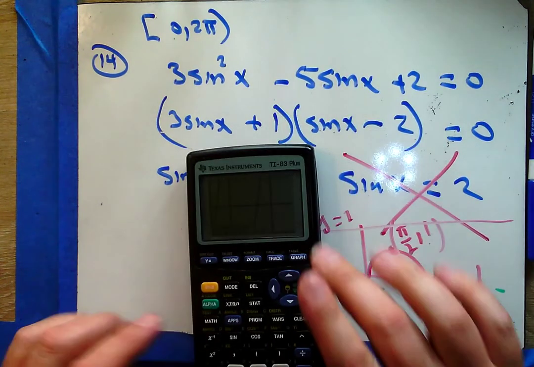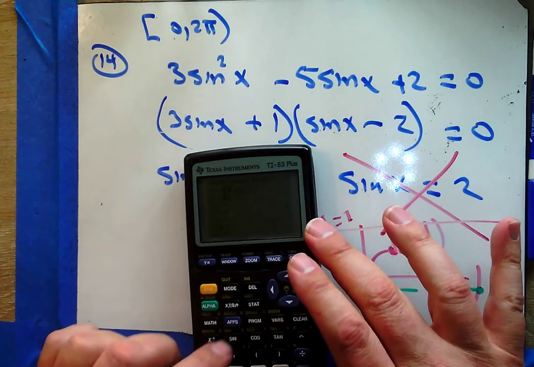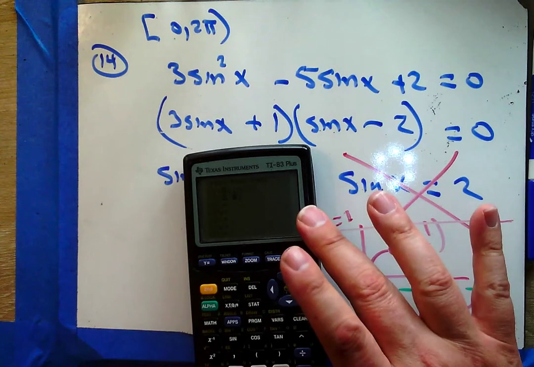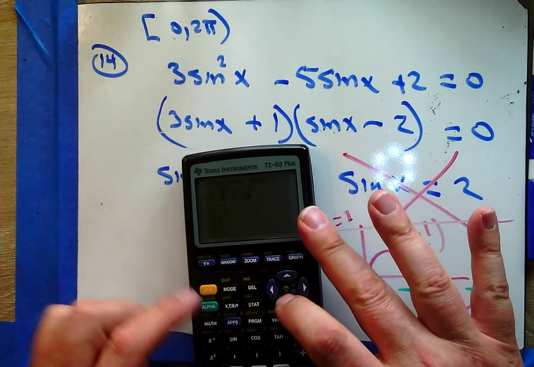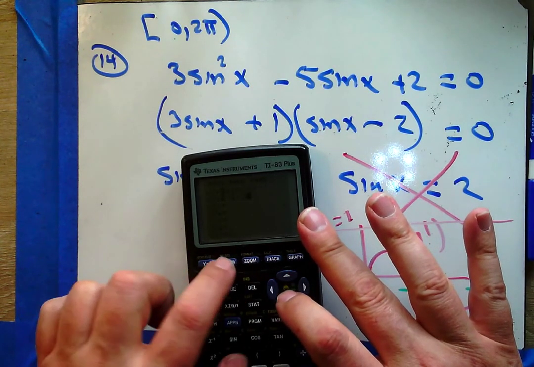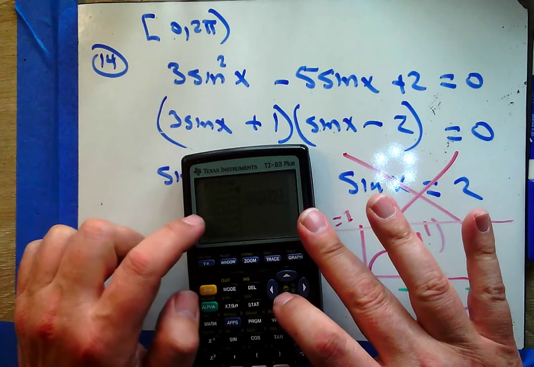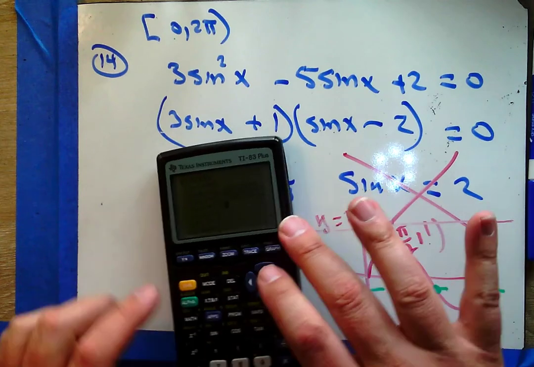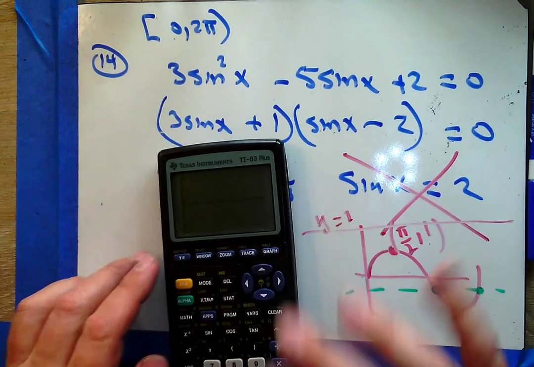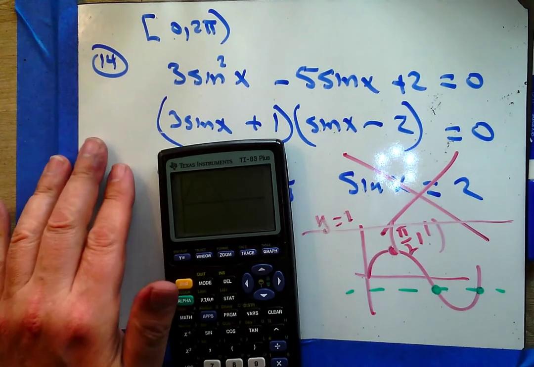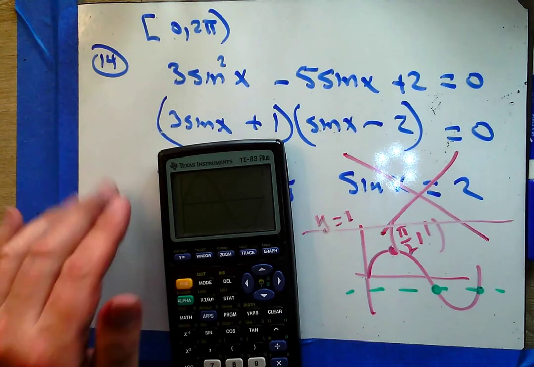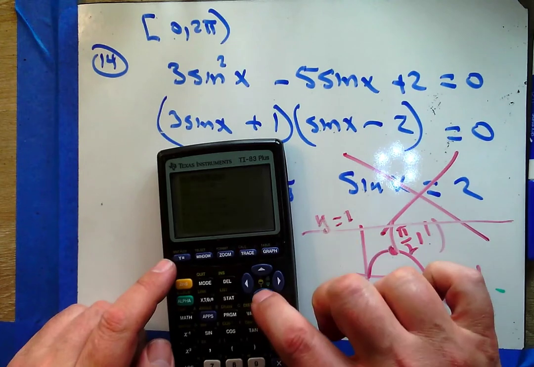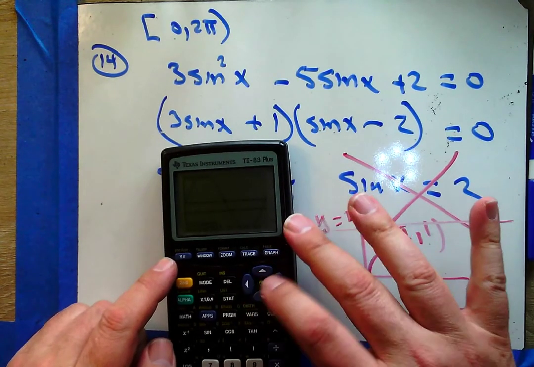I'm going to get that up and just say I'm graphing sine in y1 and I'm graphing negative 1/3 in y2. My viewing window 0 to 2 pi is still good, but now 0 to 1 isn't any good. I need negative 1 to 1. Okay, graph. Remember, you've got to be in radians when you do these trig graphs. Okay, second, calculate, intersect.